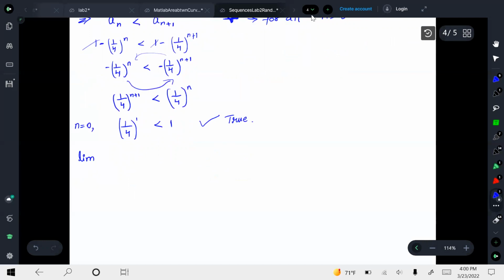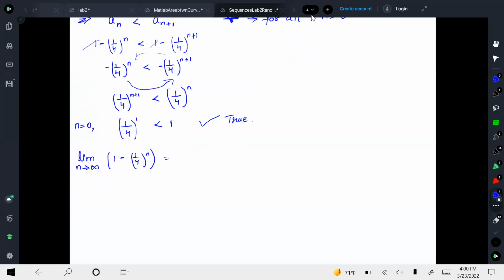In order to find the upper bound, you have to apply the limit as n tends to infinity to the sequence 1 minus 1 by 4 to the power of n. That will be equal to, now I will keep 1 as it is.